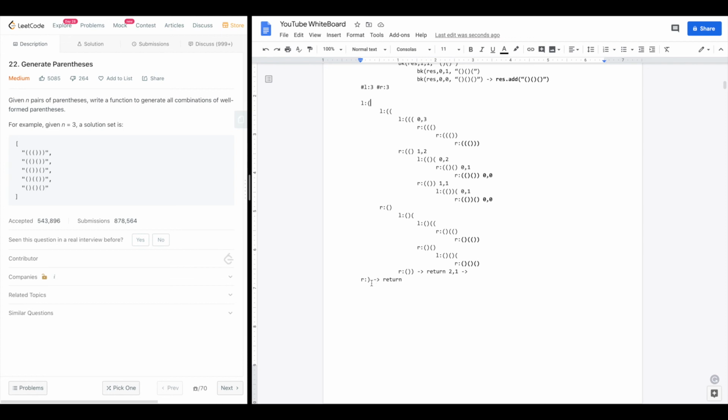If we choose the right parenthesis as the first step, we already know it cannot be right, so we just return it. And for this step, the remaining parentheses for left is 3 and for right is 2. This means the left is bigger than the right, so we just return it directly. Okay.